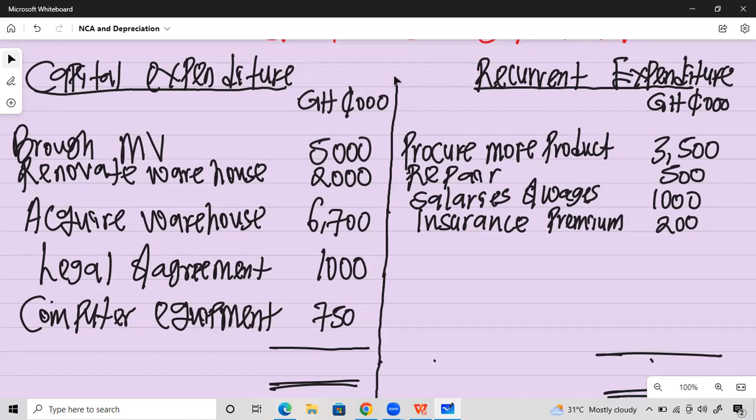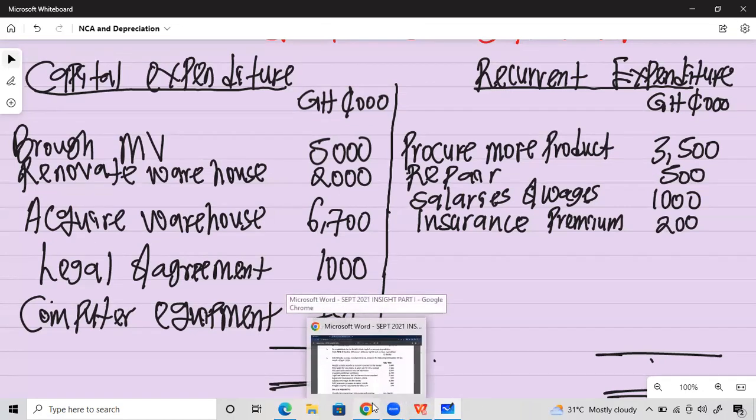When we renovate a warehouse, we say it is a capital expenditure, and when we repair a motor vehicle, we say it is a recurrent expenditure.